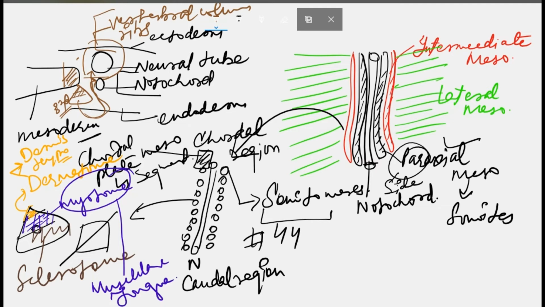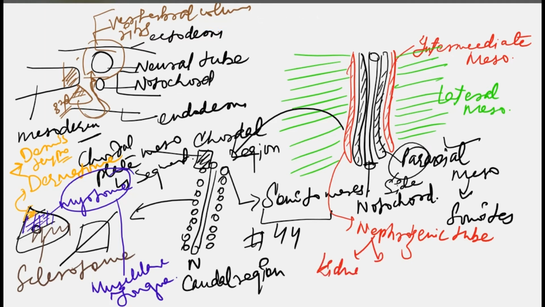Okay, so this was your paraxial mesoderm, and then talking of intermediate mesoderm. Actually, this is the nephrogenic cord. What it makes is kidney and gonads. This green area is here. What it is going to split into is two regions: first one close to the ectoderm, second one close to the endoderm.